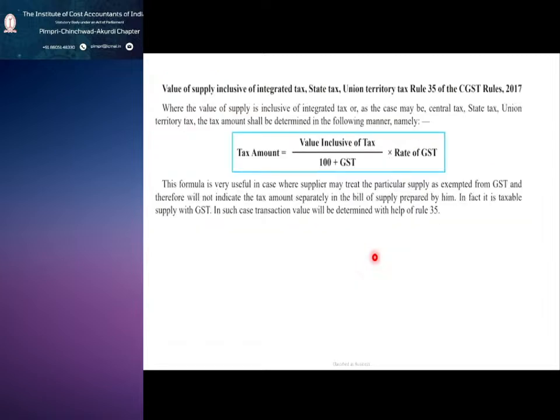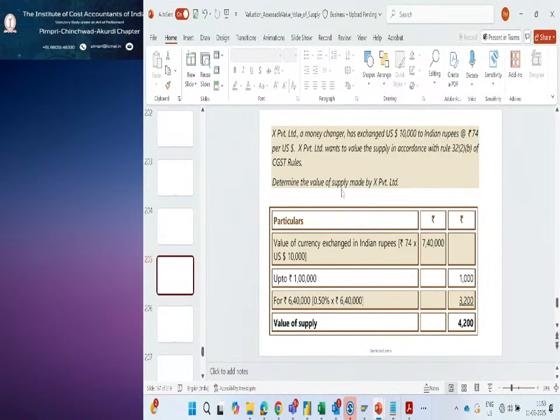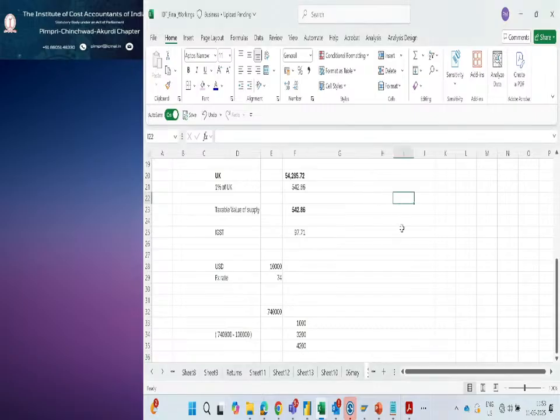So this is the simple way. In some problems, they give the value including the GST. So how will you calculate if they give numbers like, say, 515 as the price including GST?